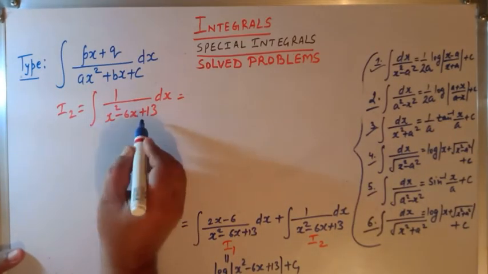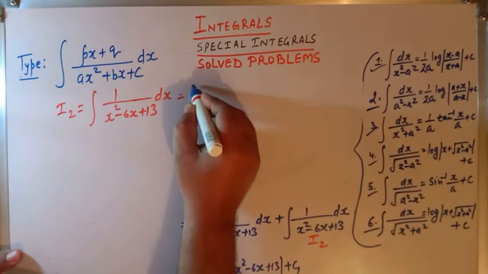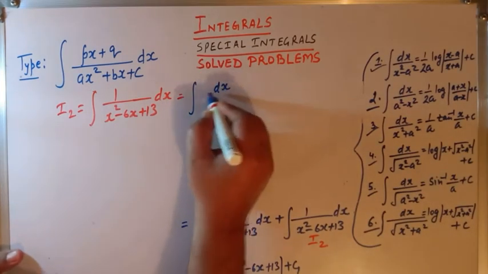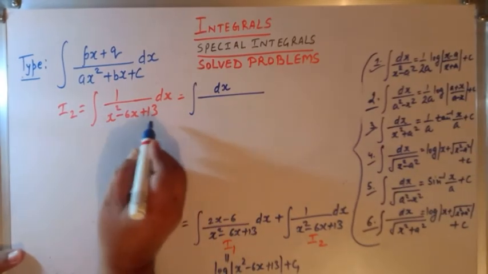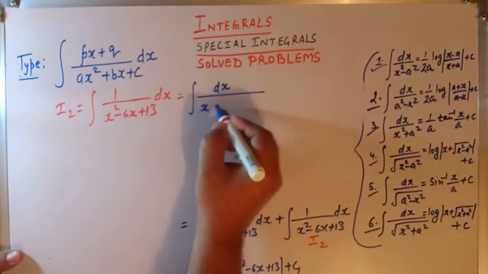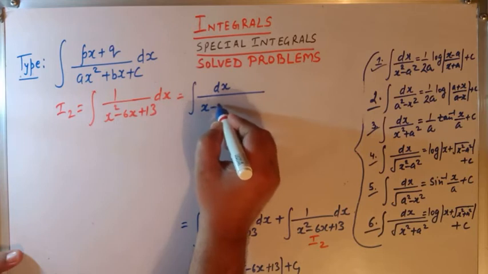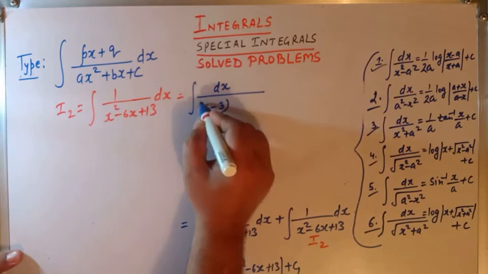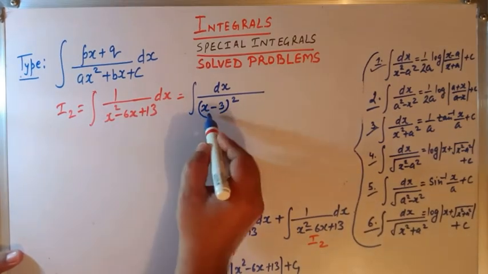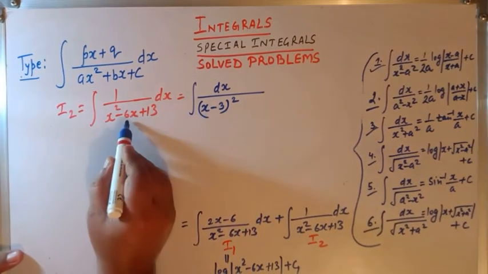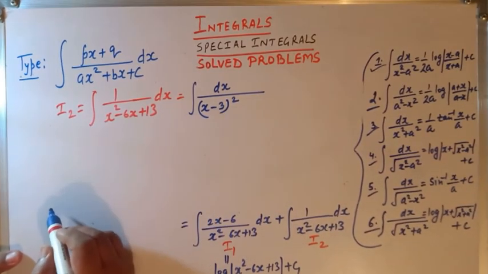So let us do it, and we can express this quadratic polynomial in this form, (x minus 3) square. So we have x square, then 2ab, that is minus 6x, and then plus 9.